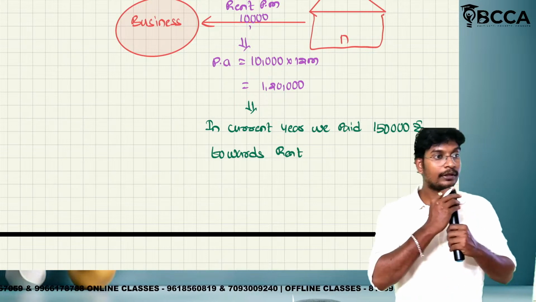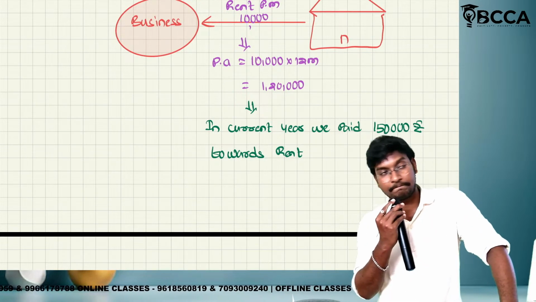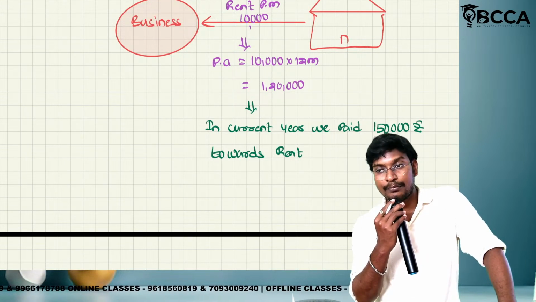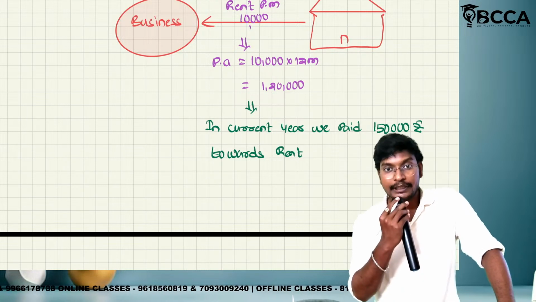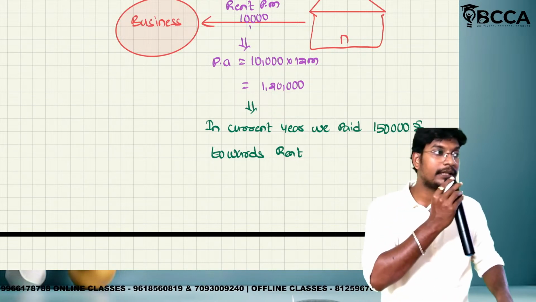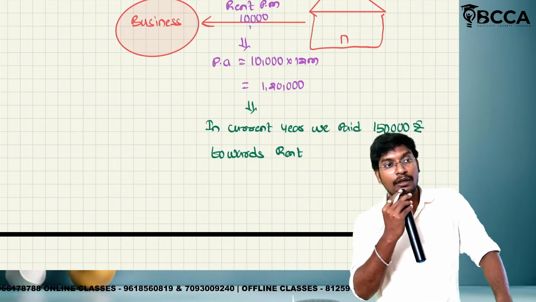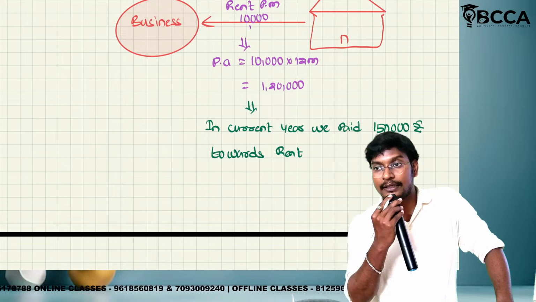The total amount we have paid. But we need to bifurcate 1,20,000 and 30,000, because 1,20,000 only belongs to the current year. 30,000 is related to next year.